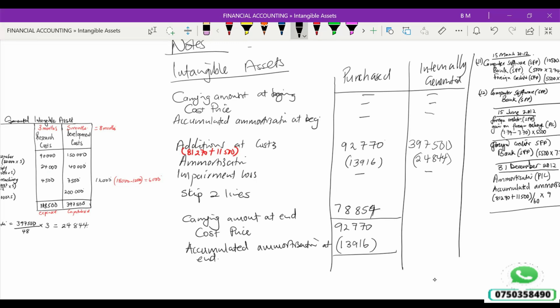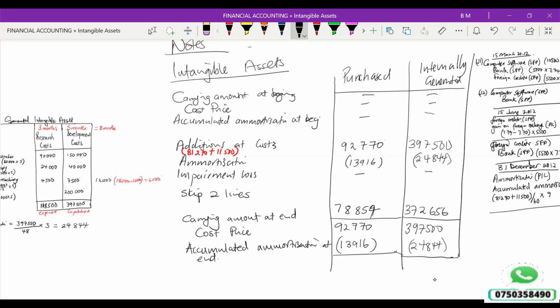Didn't do the impairment loss, not yet. How much do I get if I subtract? 372,656.